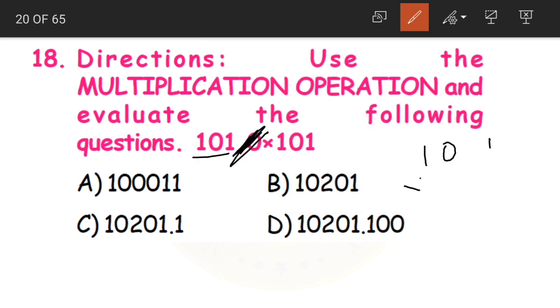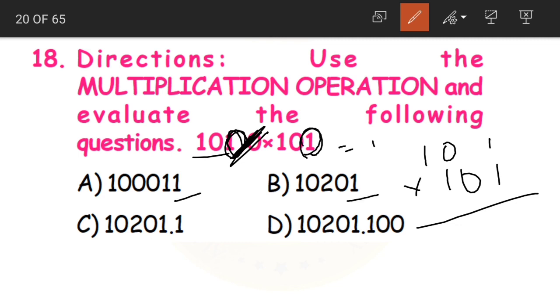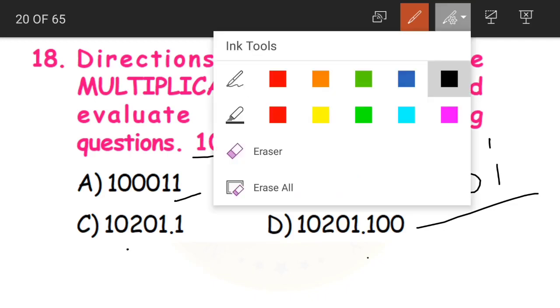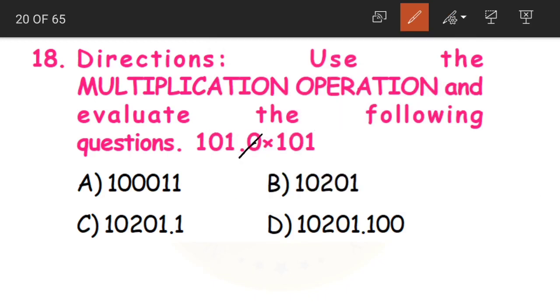So 101 into 101. As I said, first let us see by multiplying the units digits. 1 ones are 1. If you look at the options, option A and option B both have 1 in the units place. So we need to solve this. We cannot directly mark the correct answer. Why not option C and option D? 101.0 is nothing but 101 only.